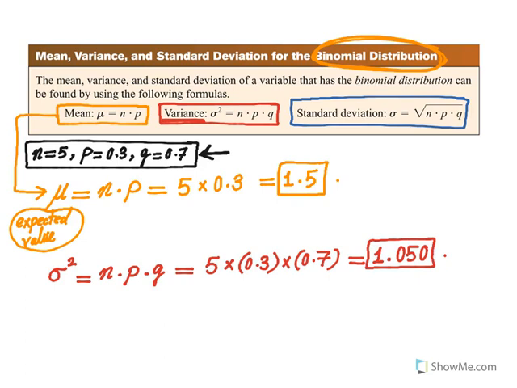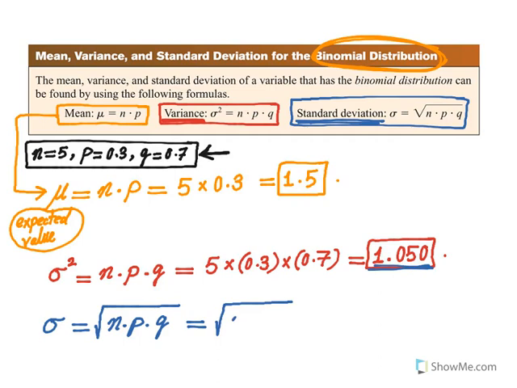And the last one is the standard deviation, sigma. And we know that sigma is just the square root of the variance, which is n times p times q, that we already calculated in the previous one. We have it here. So it's the square root of 1.050, which is approximately, if you calculate it to 3 decimals, it will be 1.025. Okay? And that would be our standard deviation.